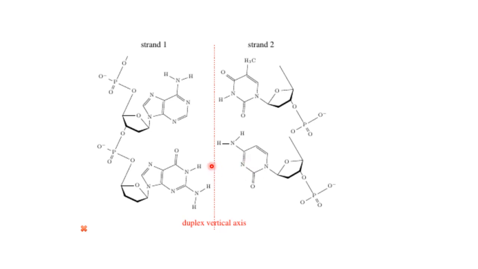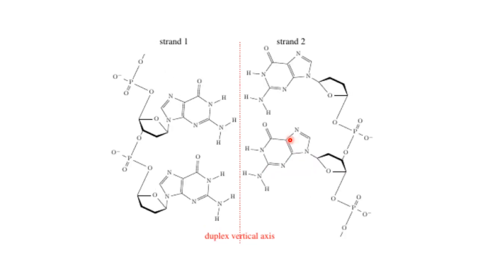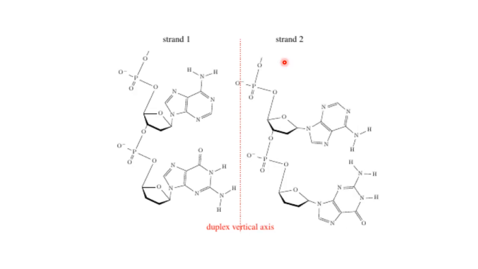Whereas if you see this figure, this is not the 5' phosphate. This is C1 of the sugar, not the 5'. So this is not correct. If you see here, this guanine is paired with another guanine in the second strand. So that is also not correct.